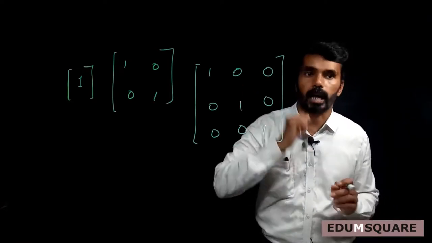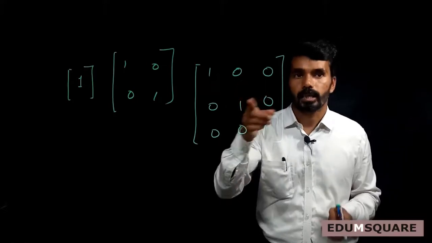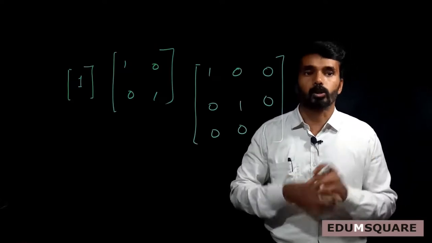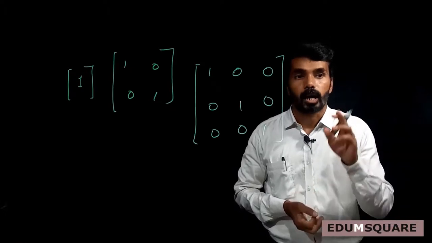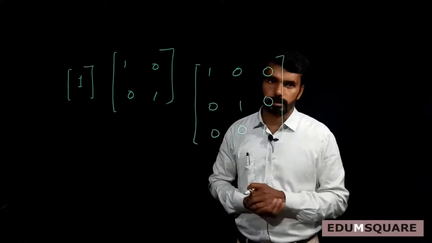So if the diagonal elements of a scalar matrix are equal to 1, then it is called an identity matrix.